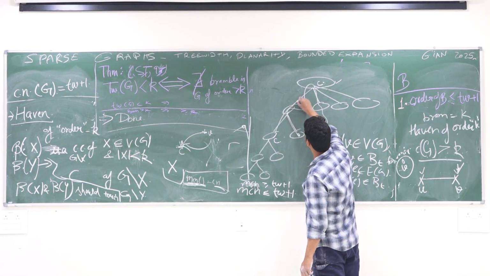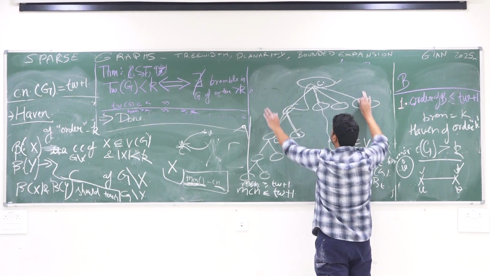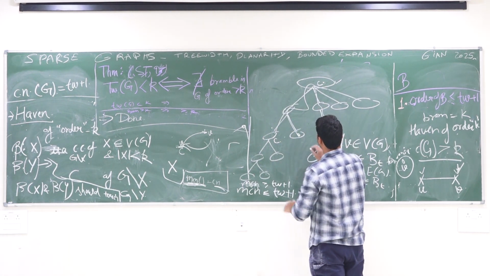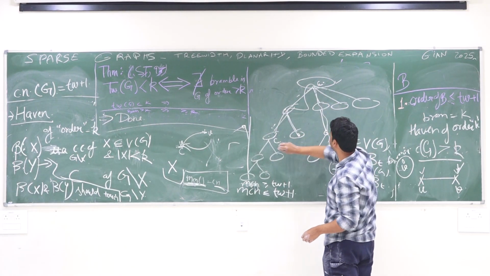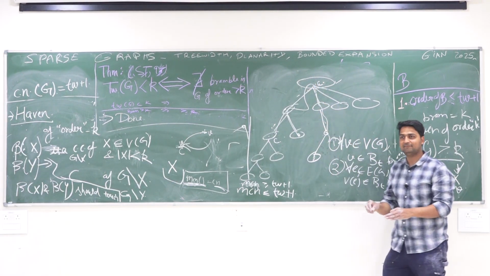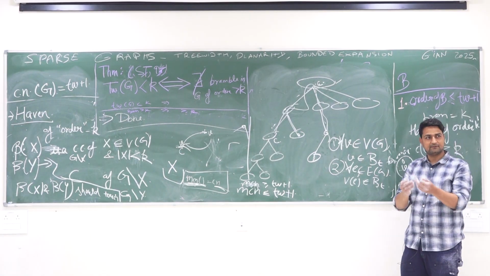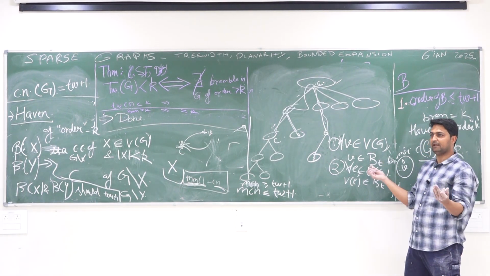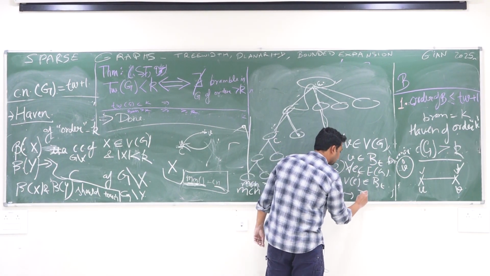Then I must have shot at it in all of these bags also, continuously. And since I'm making this search tree beforehand, if I shoot at a vertex here, I should shoot at all of these, and if I shoot somewhere here, I shoot at all of these, and this intuitively is not very difficult to see: the subtree induced by the bags containing a vertex is connected. So this is our third condition of my tree decomposition, connectedness.